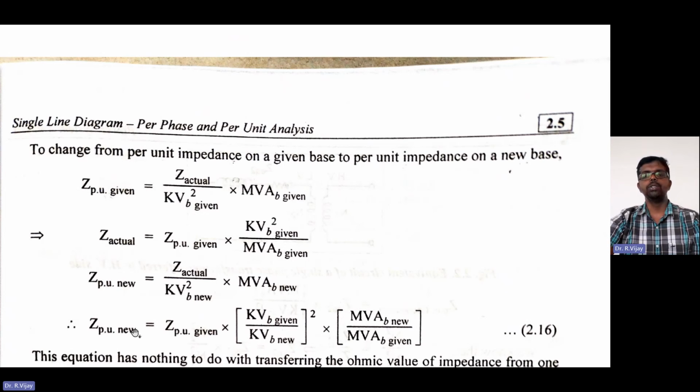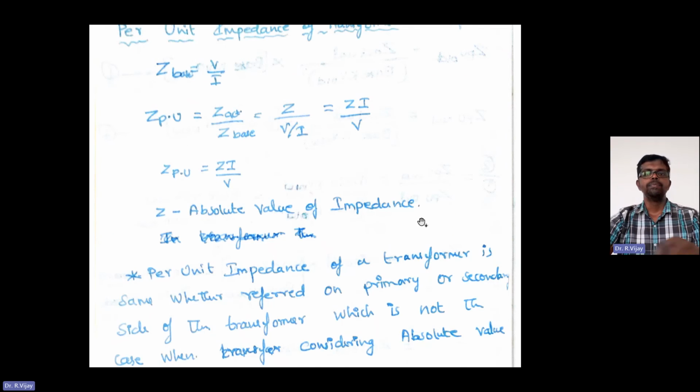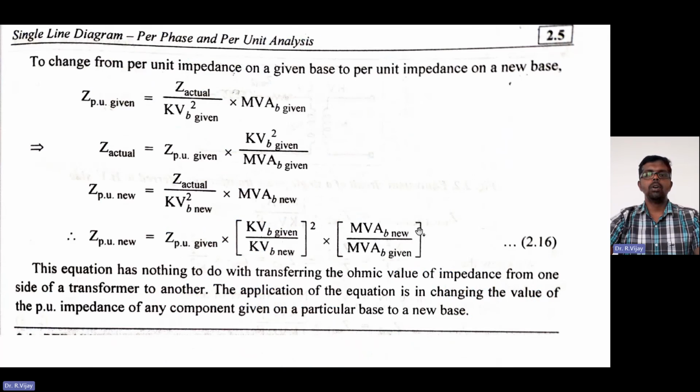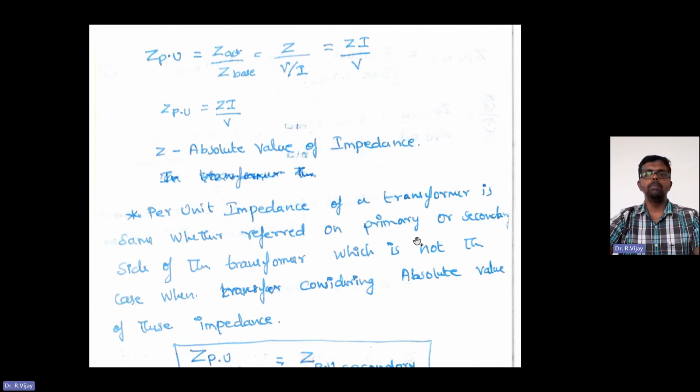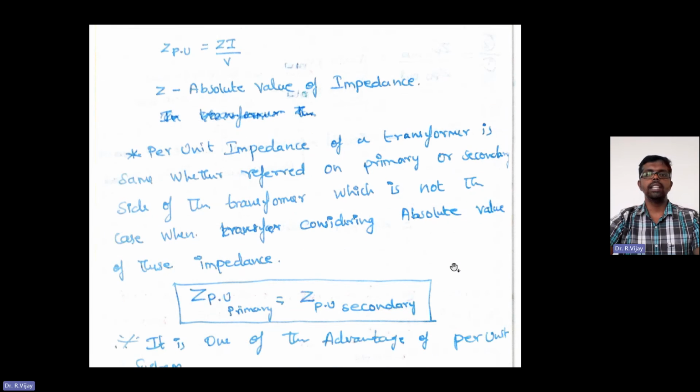So Z per unit new is equal to Z per unit old into KVB old divided by KVB new, the whole square, into MVA new divided by MVA old. This formula you need to take down for calculating the Z per unit new in the problems. So here one point we need to note down.